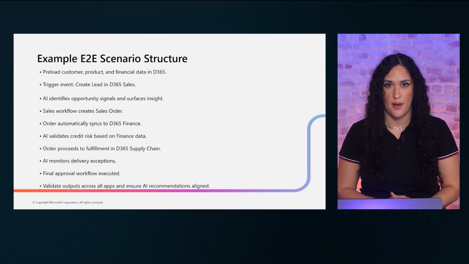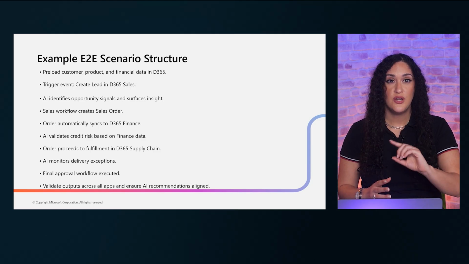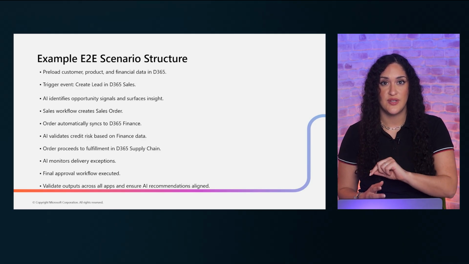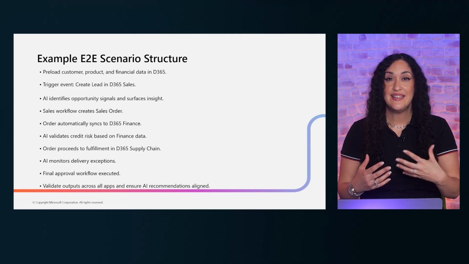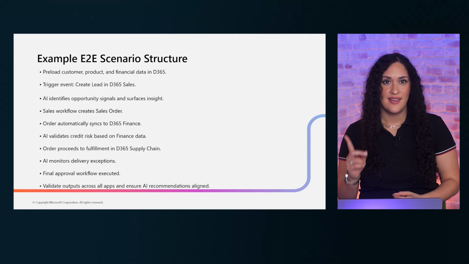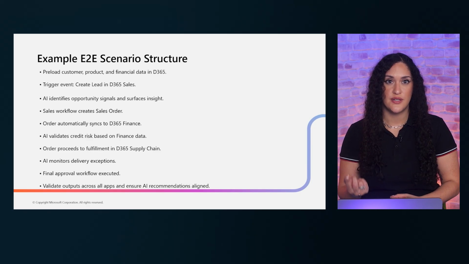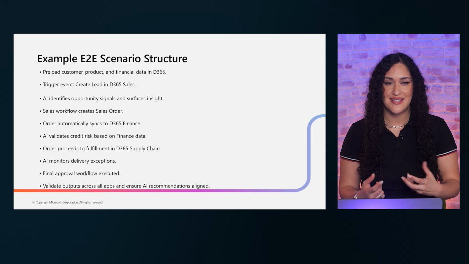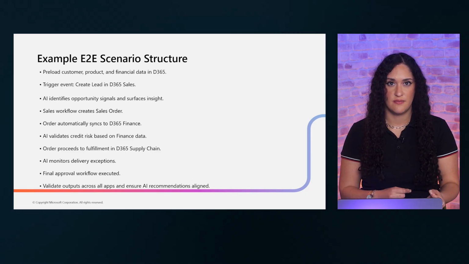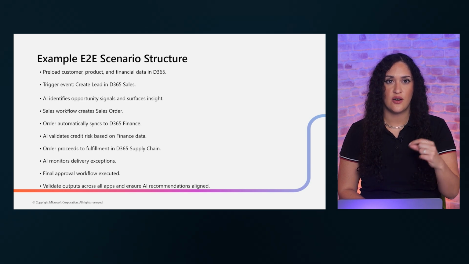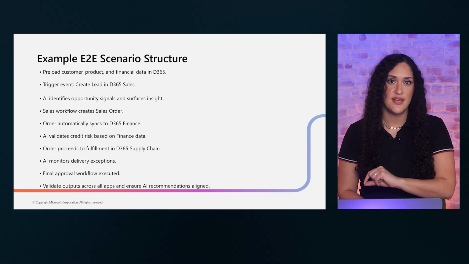Let's walk through a concrete example. Start by preloading customer, product, and financial data in Dynamics 365. The trigger event is creating a lead in sales. AI identifies opportunity signals and surfaces an insight. The sales workflow creates a sales order, which automatically syncs to finance. AI then validates credit risk based on finance data.